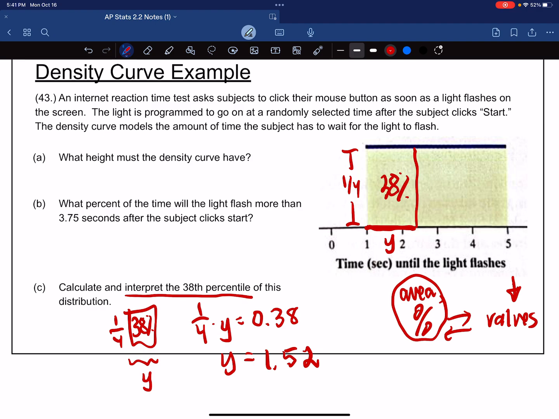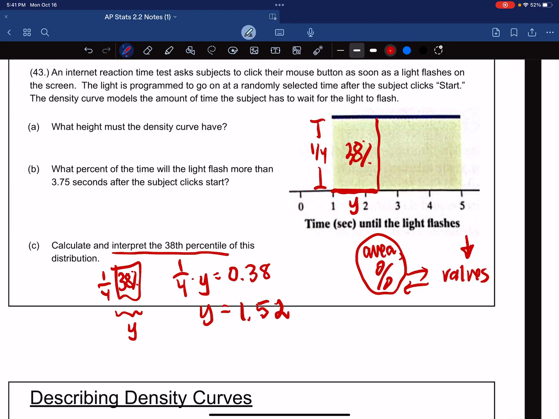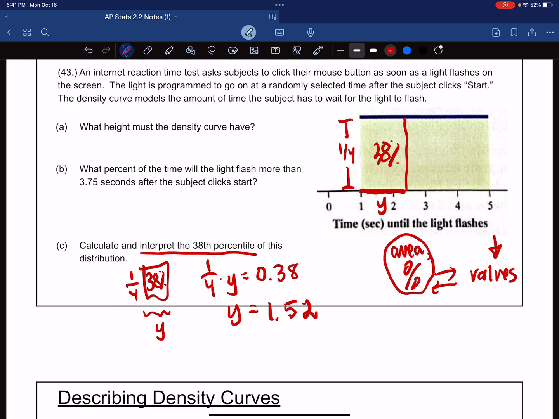So how do we answer the question, though? Well, remember that that distance really isn't the true distance. The true tick mark is somewhere past 2.